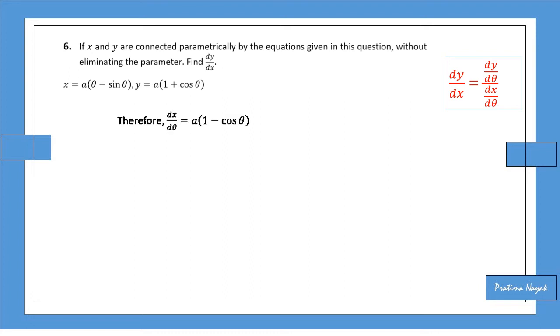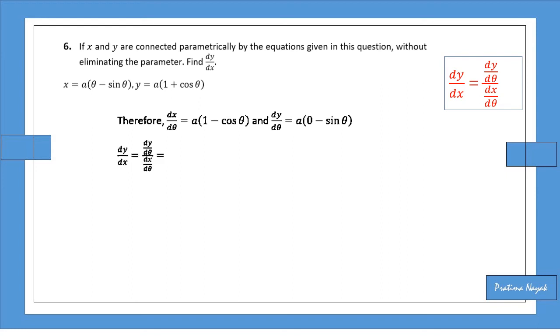So dx by d theta is equal to a, theta derivative is 1 and sin theta derivative is cos theta. Sin theta has a minus, so it will be minus cos theta. Next, dy by d theta, that will be a, 1 derivative is 0, cos theta derivative is minus sin theta.